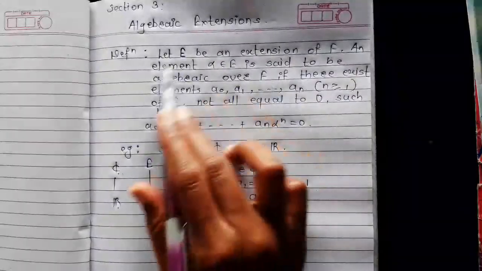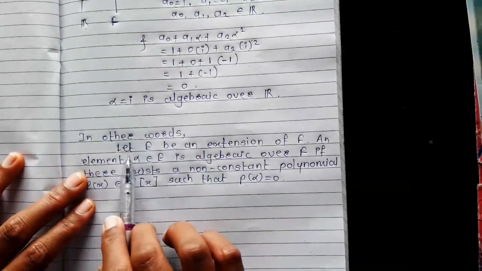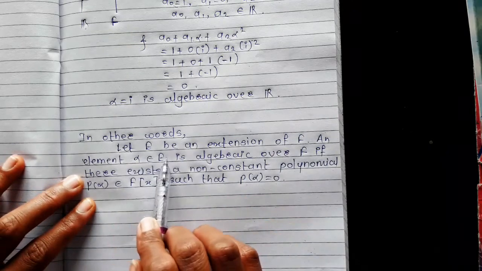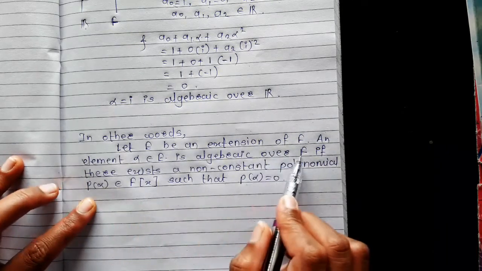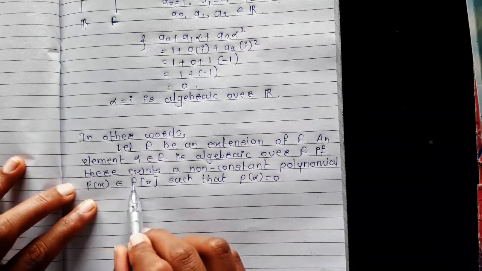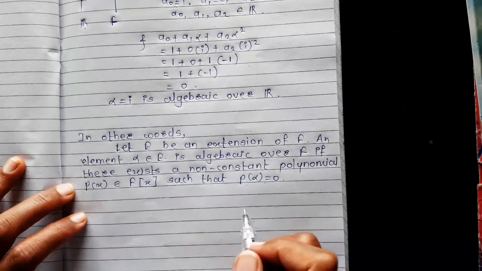We can say this definition in other words as: let E be an extension of F, and element alpha belongs to E is algebraic over F if there exists a non-constant polynomial p of x belonging to the polynomial ring F[x], such that p of alpha equals 0.